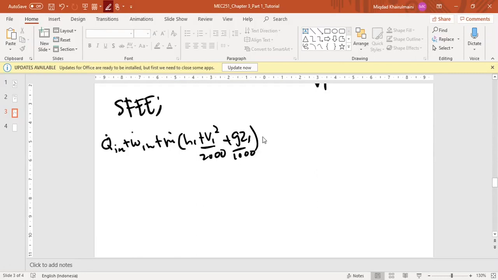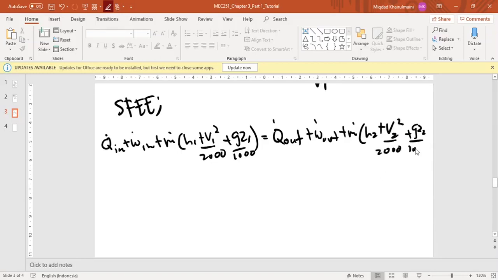I try to write it very small so I can fit it in one line. Then we cancel based on the conditions.